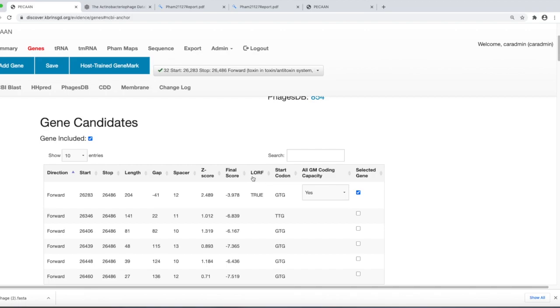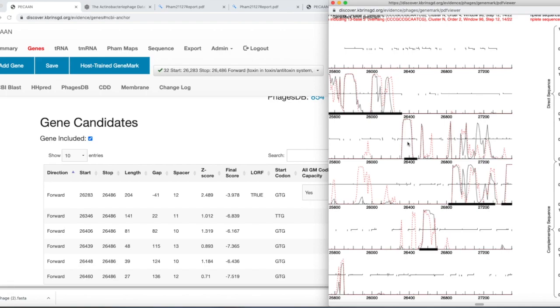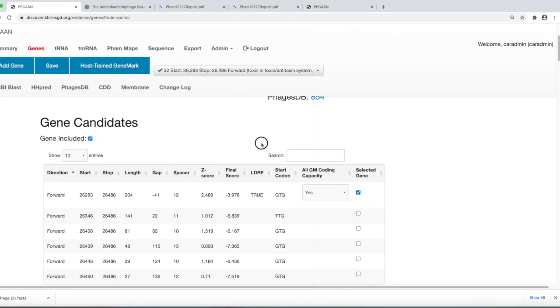This also would be the longest open reading frame if we pick that one. So that's not a big plus, but it's a minor plus. But most important is it would contain all of the coding capacity. So that looks like this would be the best start site of choice.